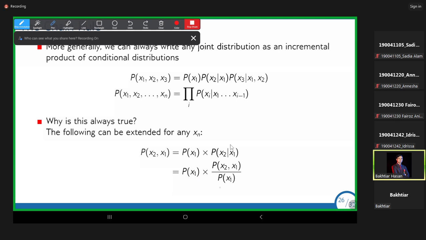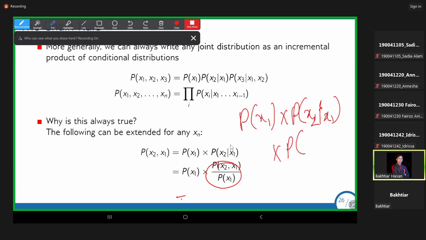So if we have probability of x1, now if we multiply probability of x1 with probability of x2 given x1, and multiply it with probability of x3 given x2 comma x1, we will have something that looks like this.